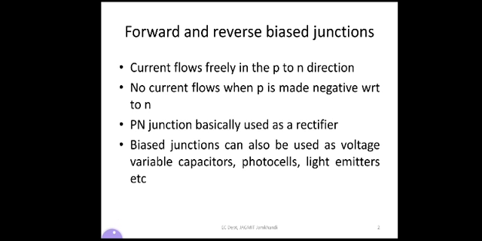One useful feature of a PN junction is that current flows quite freely in the P to N direction when the P region has a positive external voltage relative to N, whereas virtually no current flows when P is made negative relative to N. So as we know, when the PN junction is forward biased, the current flows from P to N, and when it is in reverse bias, no current flows.